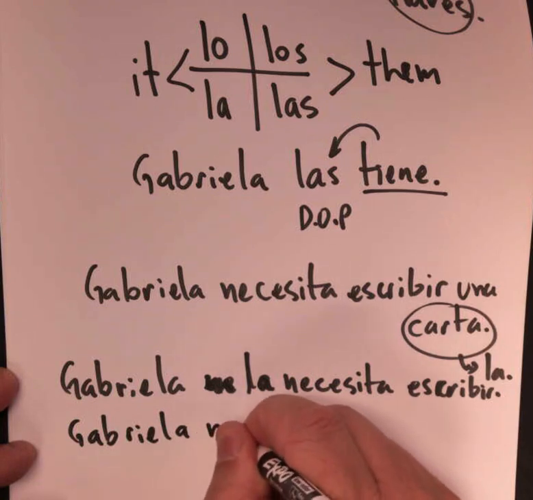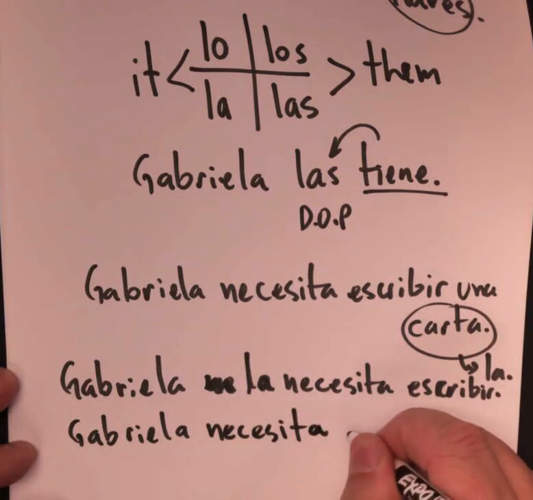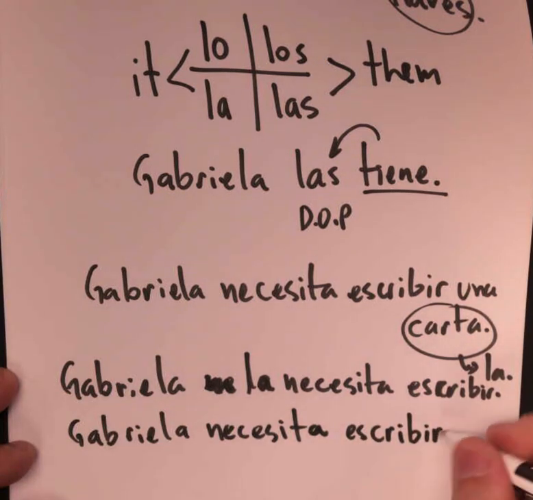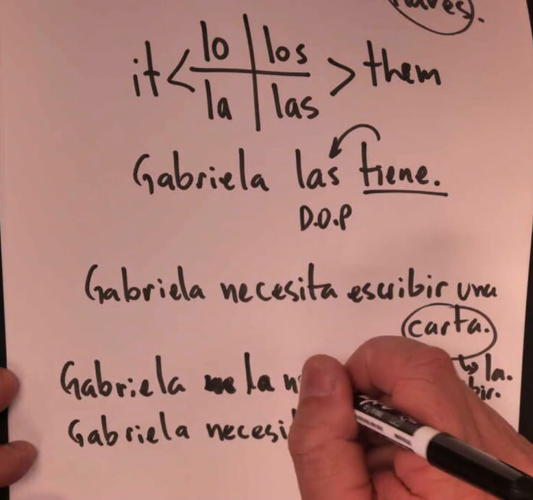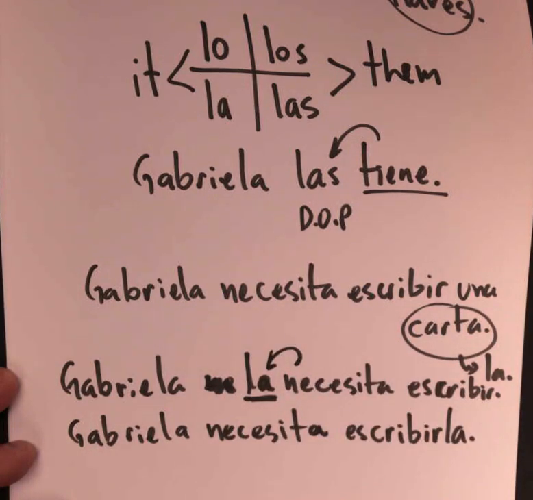Gabriela necesita escribirla. Okay? Yeah? Now, if you notice, this word still goes before the conjugated verb.